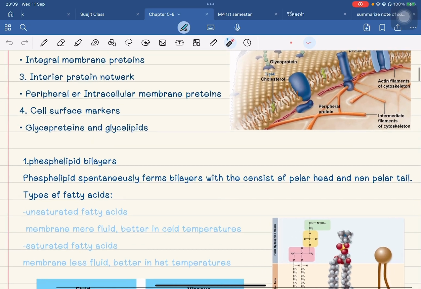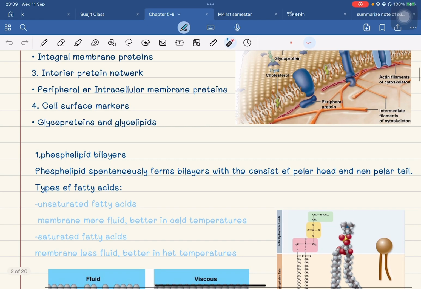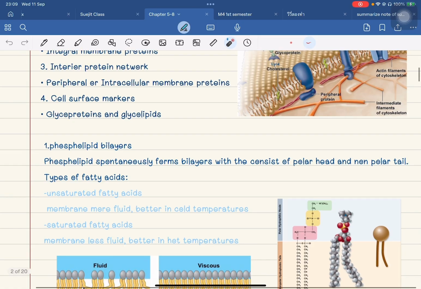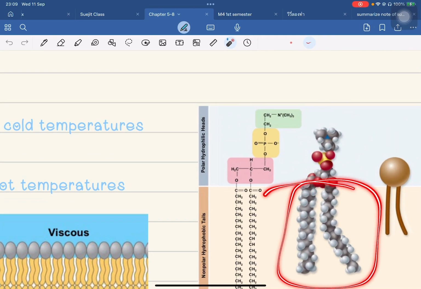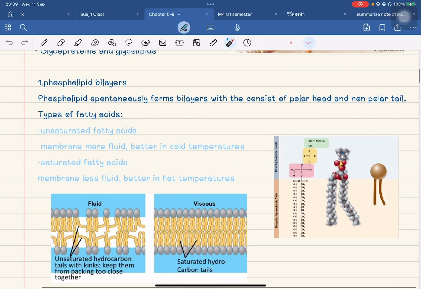So let's go on to the first one, the phospholipid bilayer. The phospholipids spontaneously form into a bilayer, which contains polar heads and non-polar tails. So this is the polar head, and these two are the non-polar tails, which are the fatty acids.